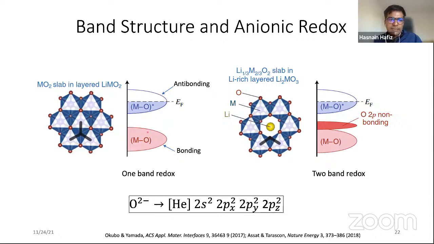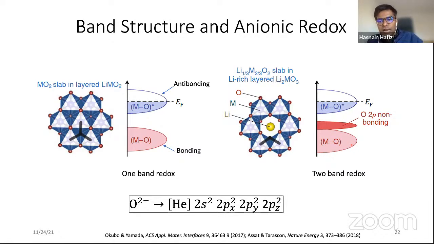So therefore, it causes some destabilization if you want to take out an electron from this bonding band. Whereas in lithium-rich system, besides this metal oxygen anti-bonding band at the Fermi level, we have an additional band right next to it, this oxygen non-bonding band, from where we can take some electrons out without causing any structural destabilization, and this metal oxygen bonding band remains intact.